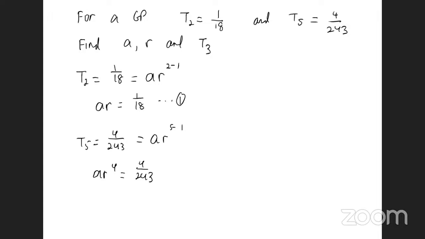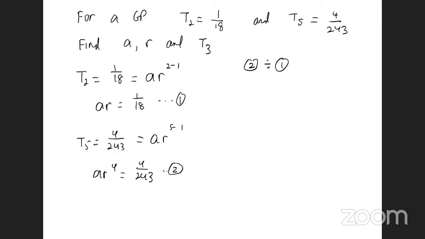Are we solving that now? We have an easy way to do it, and there's another way. I'll show you the easy one first. Take equation 2 and divide it by equation 1.